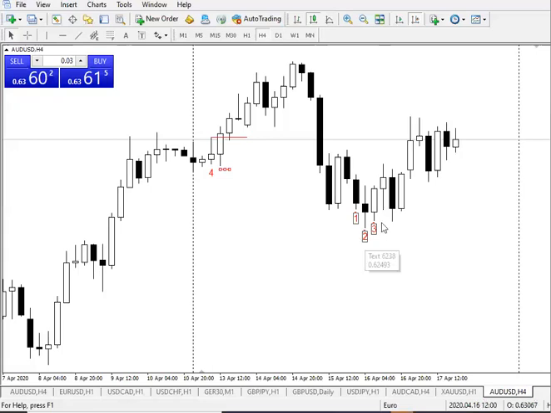This happens here. You've got a 3-bar fractal. The fourth bar is here. It closes above it. See, the signal's there, and it happens here to go long. But wait, it's come down and created another 3-bar fractal.